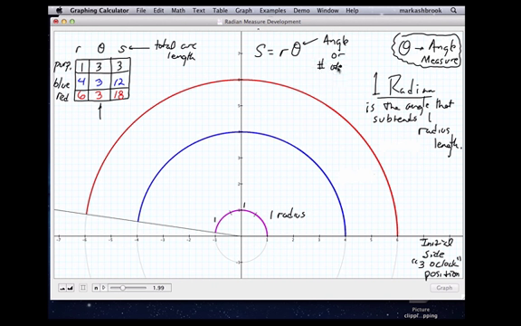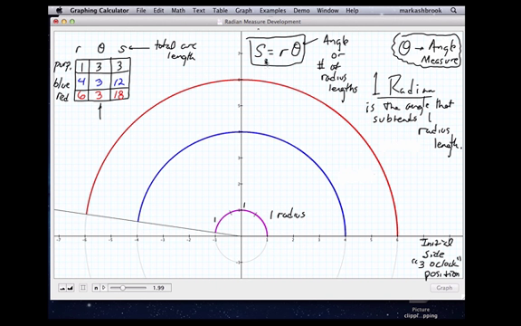Which of those two, angle or radius lengths, helps us to make sense of this formula, that the total arc length is the radius times theta? Number of radius lengths. This should make total sense. We have a number of radius lengths times how long each radius is, that's going to give us the total distance along the arc. How much is each radius?